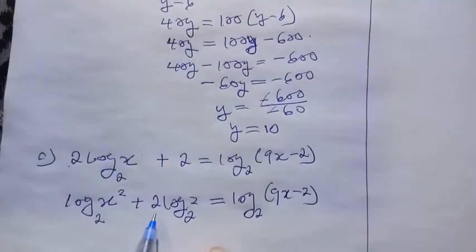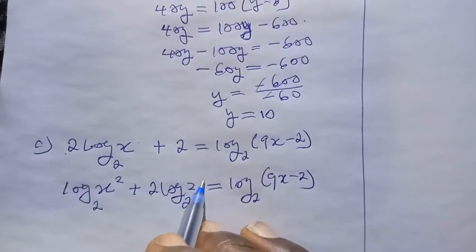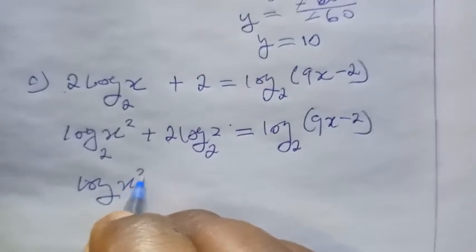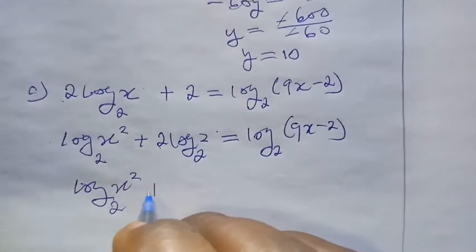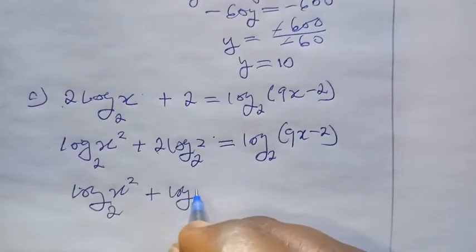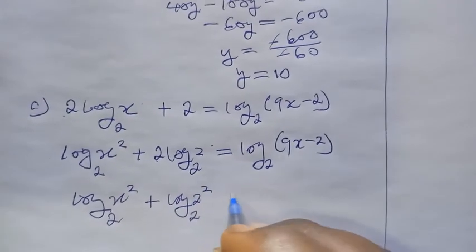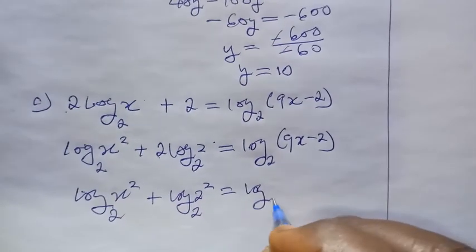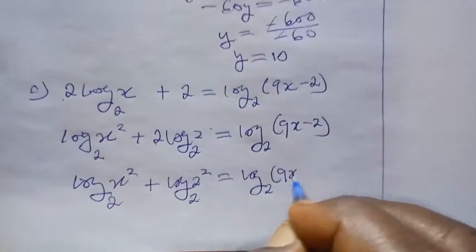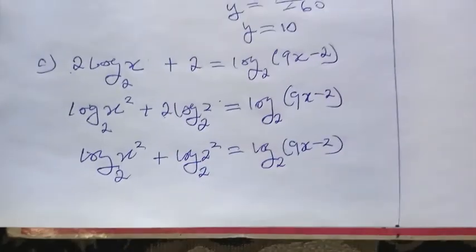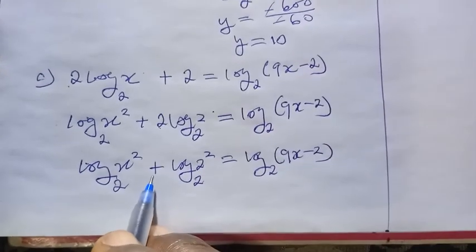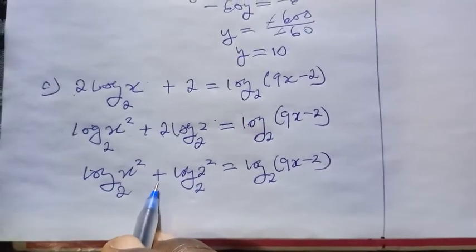Okay, what do I do to this now? It will now sit here. So I can have log x squared base 2 plus log 2 squared base 2 is equal to log base 2 of 9x minus 2. All right, and so you see, this suggests that the first law can be used.